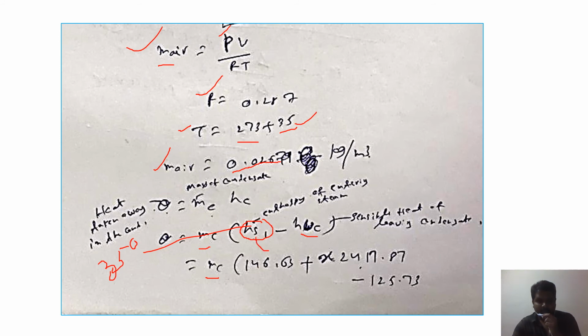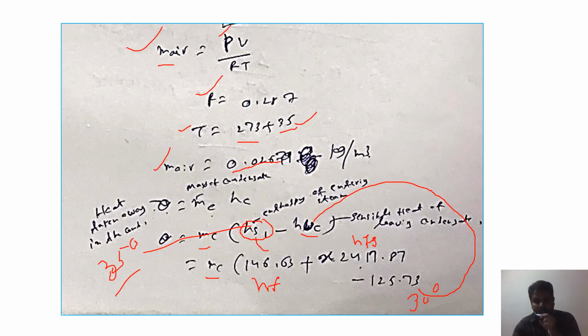This we can write as hf plus x into hfg. The hf and hfg values, both we have to take from the steam table at 35 degrees centigrade, minus the sensible heat enthalpy of condensate, that is at 30 degrees. So the hot well temperature is 30 degrees, so the condensate temperature is 30 degrees.